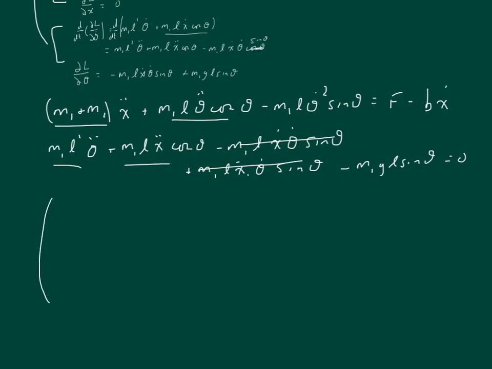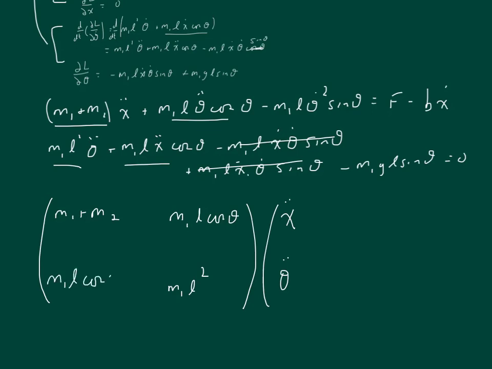So we'll have m1 plus m2, and then x double dot, theta double dot, and so this term is m1 L cosine theta, and then the theta double dot gives us m1 L squared, and the x double dot gives us m1 L cosine theta.